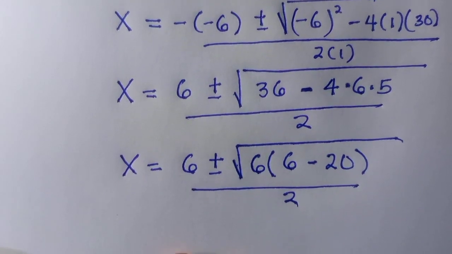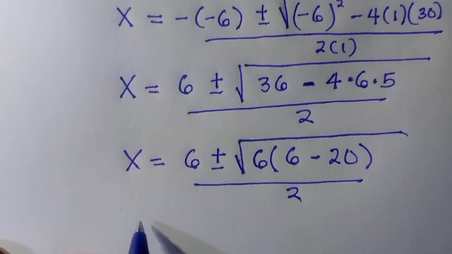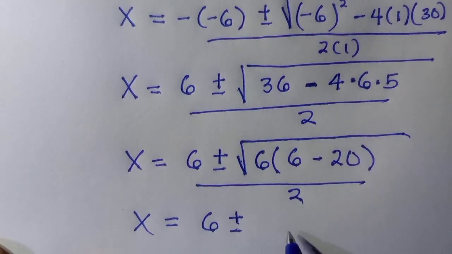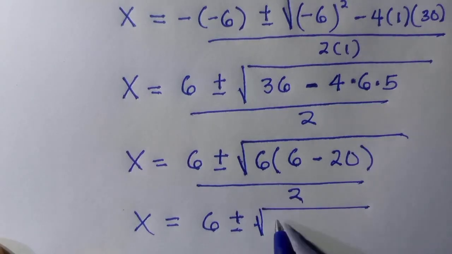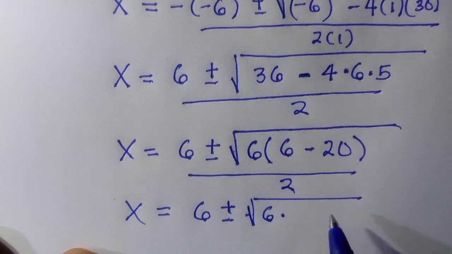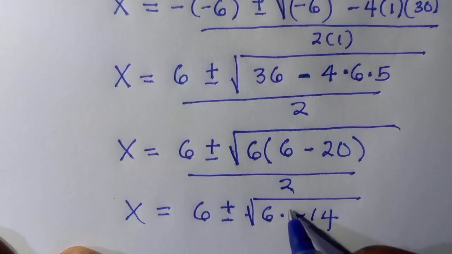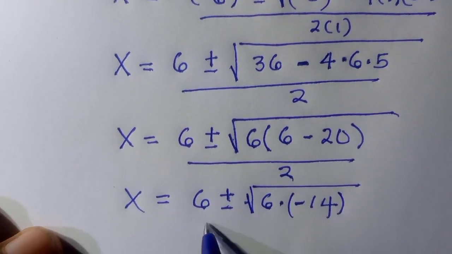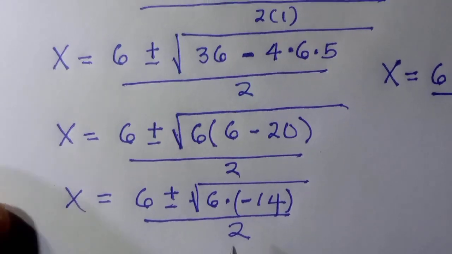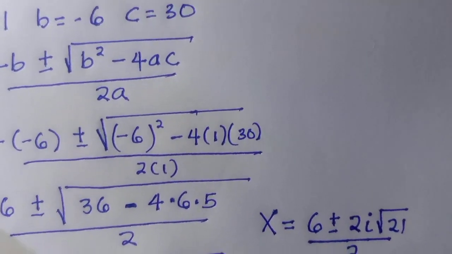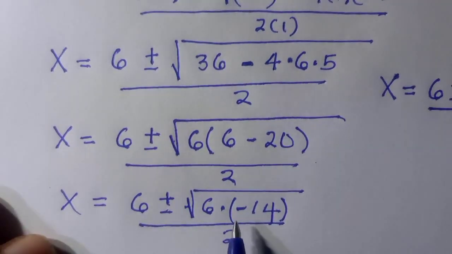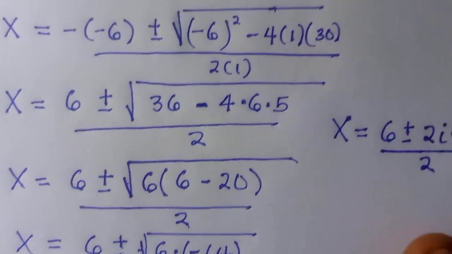I hope you are following. So here is x equals 6 plus or minus the square root of 6 multiplied by the whole of this is minus 14, and we multiply it together with 6 divided by 2, and when we try to re-express that one properly, at this parenthesis there is a negative which shows the complex value.